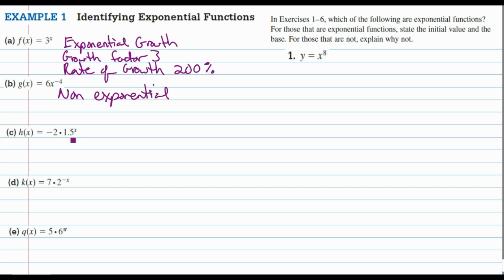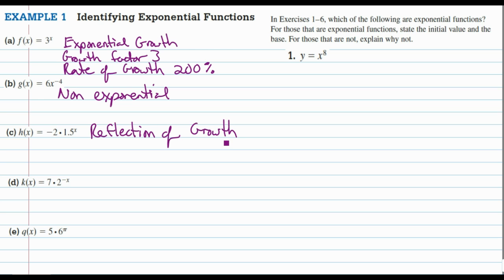Now C's weird because our a value is negative. First of all, looking at the b value, it's greater than 1, so this is exponential growth. But because the a value is negative, we're going to call this a reflection of growth. Specifically, it's going to reflect where? That's right, vertically over the x-axis.